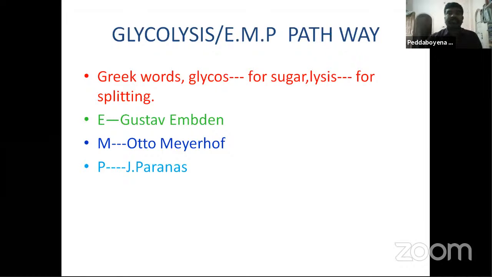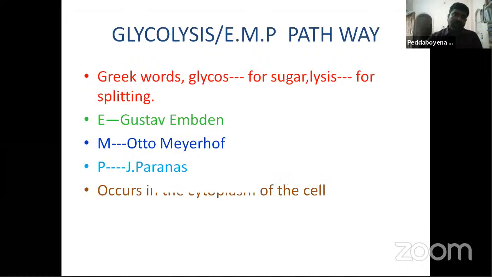These three famous scientists did the work on glycolysis, hence their names are given to the pathway. The first letters are E for Embden, M for Meyerhof, and P for Parnas. Based on this recognition, the glycolysis pathway is named the EMP pathway.